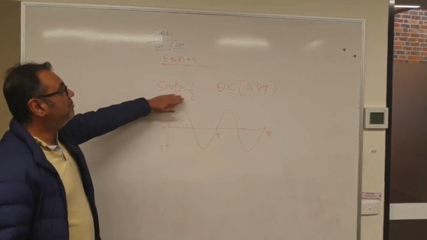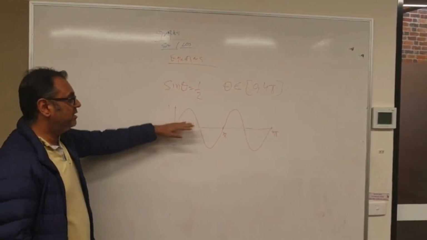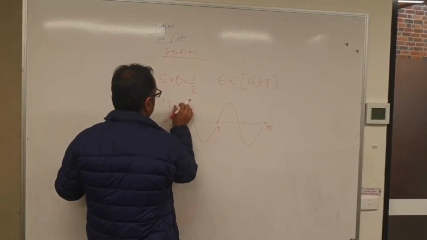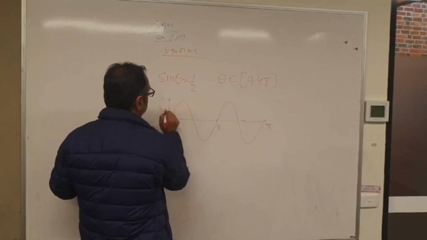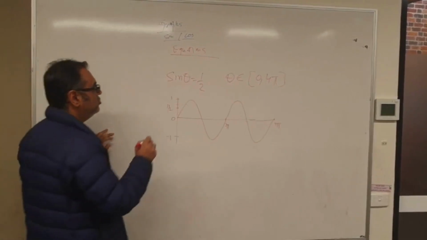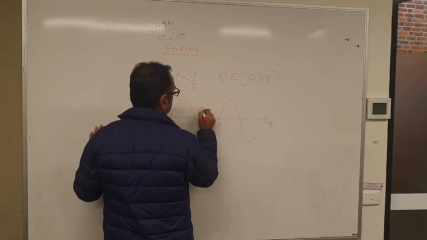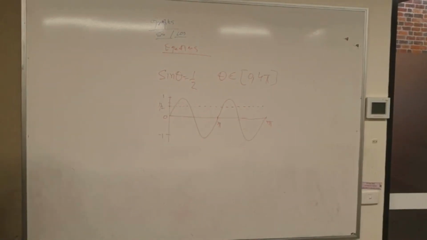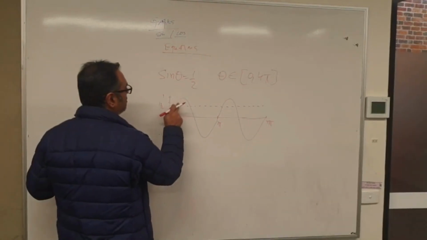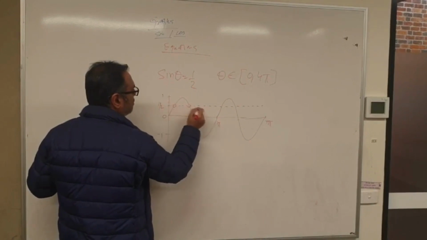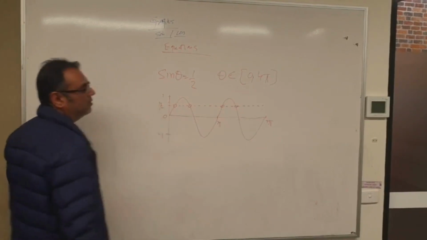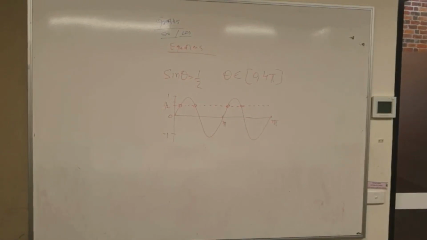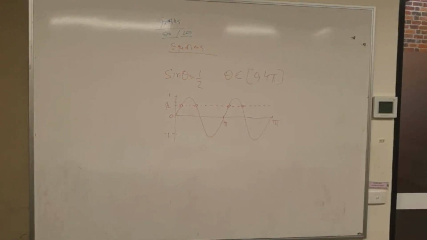I am after a positive value of sine theta. Let's say this is half, bang in the middle. Now let's draw a line. How many times has it cut the graph? 4. So that means I'll have 4 solutions. It's as simple as that.